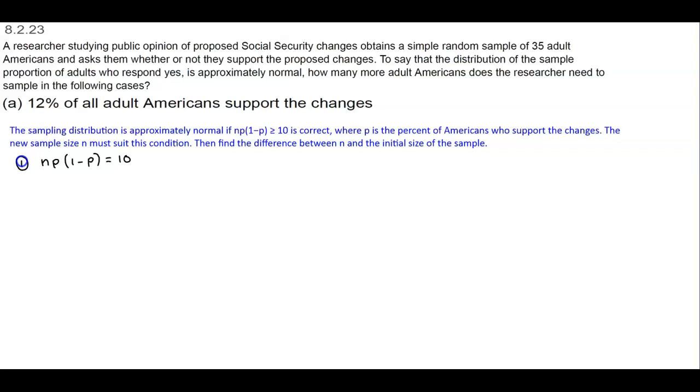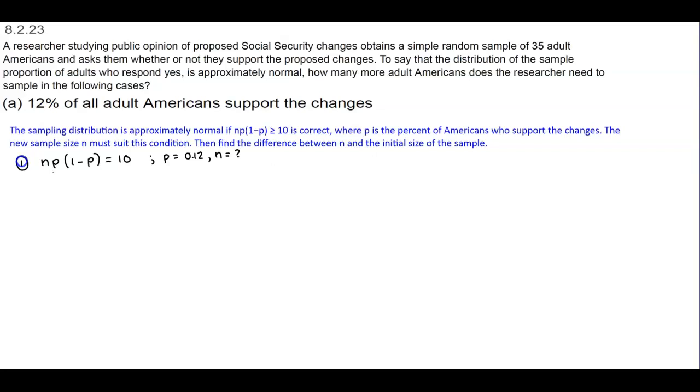In our problem for Part A, we know that p is equal to 0.12, which is the 12%. But we don't know what the value of n is. But we can figure that out if we manipulate this equation a little bit.